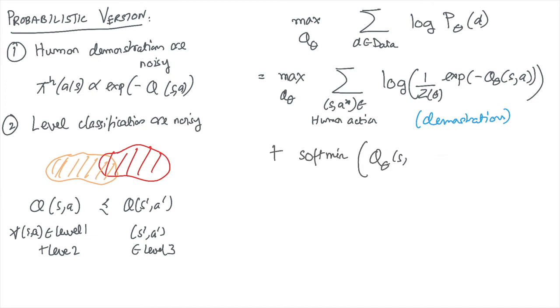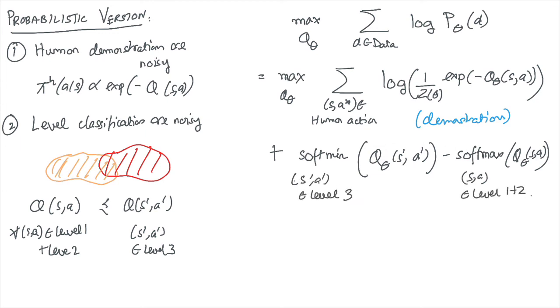Plus, there is this sort of classification that turns out into a soft classification loss, where you take a soft min over all state actions belonging to level 3, and you say that must be more than the soft max of all state actions belonging to level 1 and 2. Minimize it using your favorite optimizer, and you end up getting your value function.